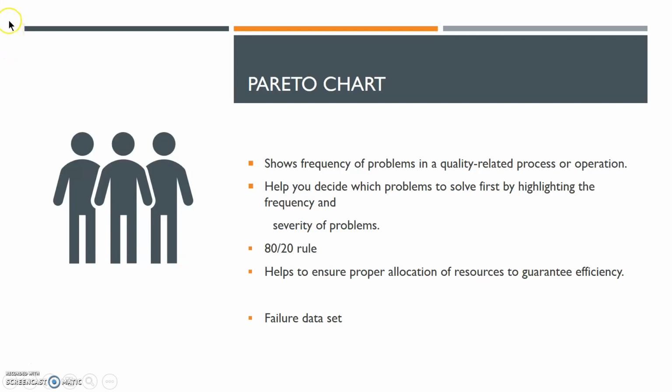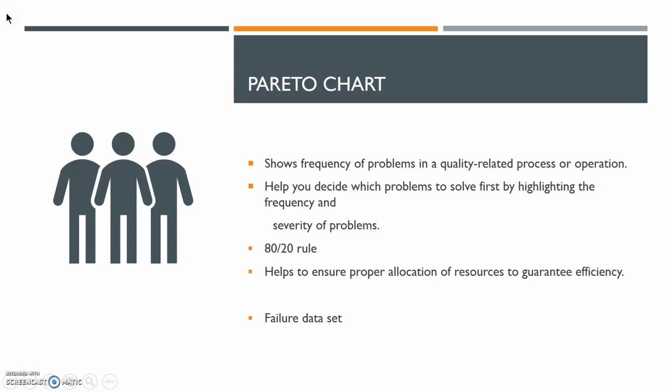That is basically the rule of thumb when it comes to most businesses. And again, the Pareto chart is very useful in helping you know what you need to attack now, or the proper allocation of resources to guarantee efficiency.